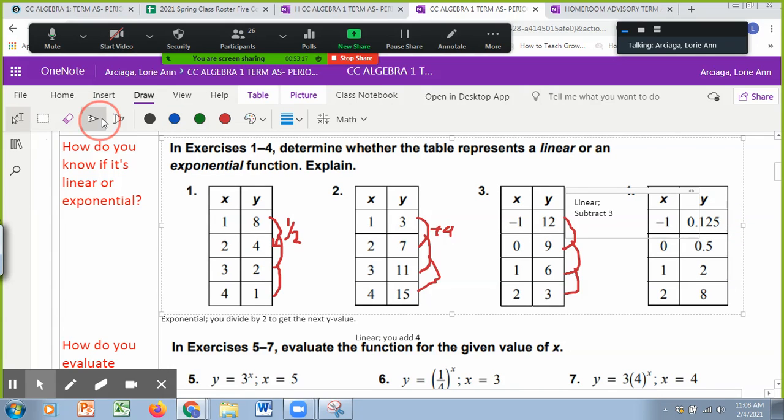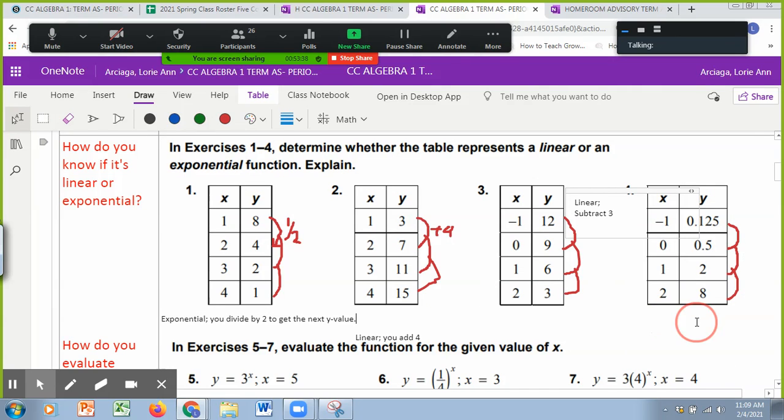From 0.125, it becomes 0.5. From 0.5, it became 2. From 2, it became 8. How do I answer that? If there's a text box here, it's not going to let you add another text box on the other side, so maybe I could just put it here.